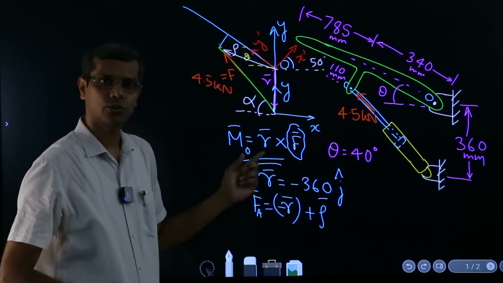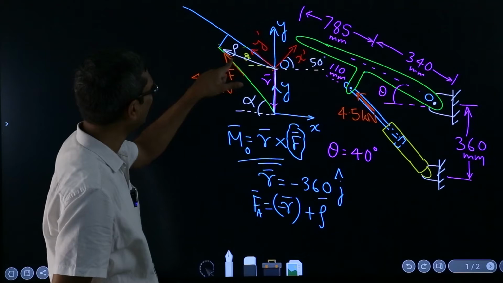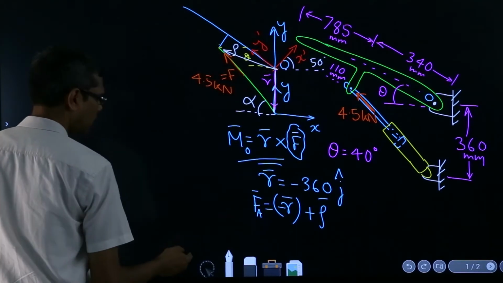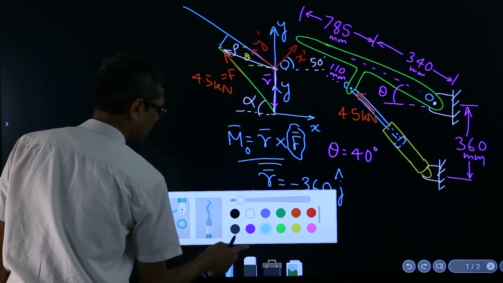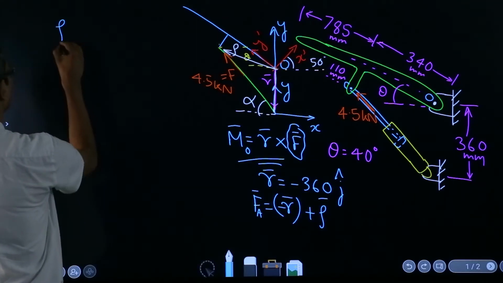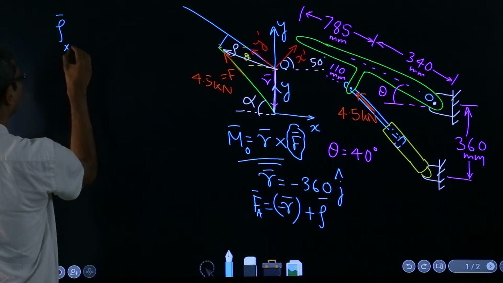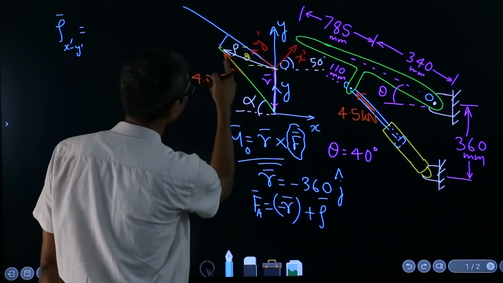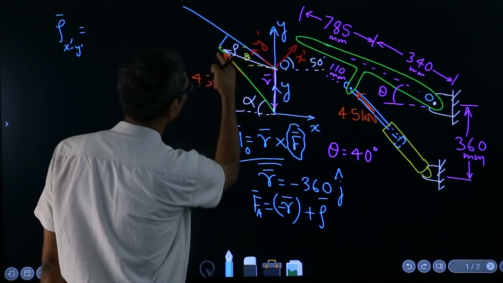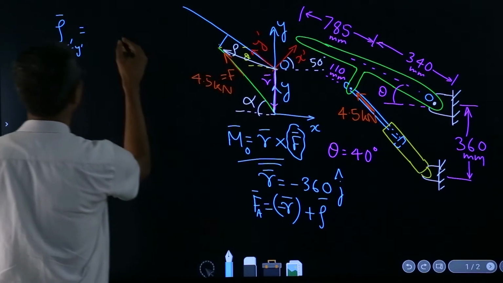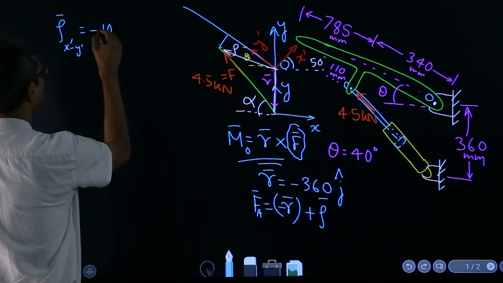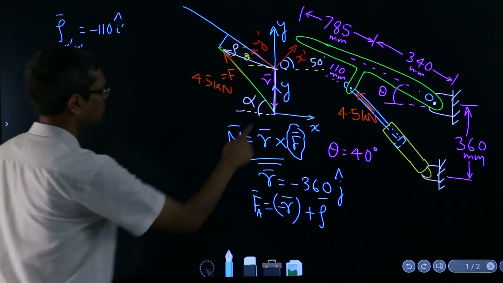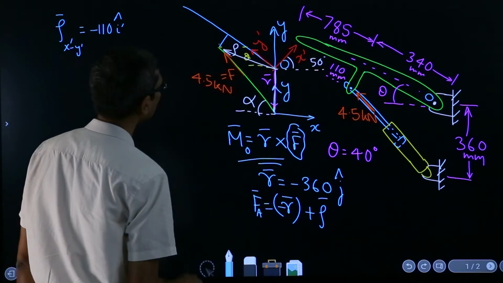Now why should I choose that? Because in that coordinate system it's very easy to represent rho, right? Because rho in the x prime y prime coordinate is nothing but minus 110 in x, so minus 110 i prime, because i prime is the unit vector in this direction.